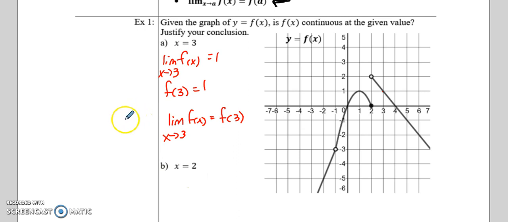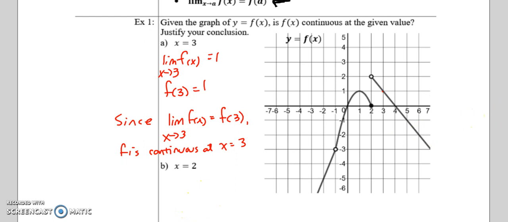If we were putting it as a sentence, we would say, since the limit of f of x as x approaches 3 is equal to the function value, f is continuous at x equal 3.